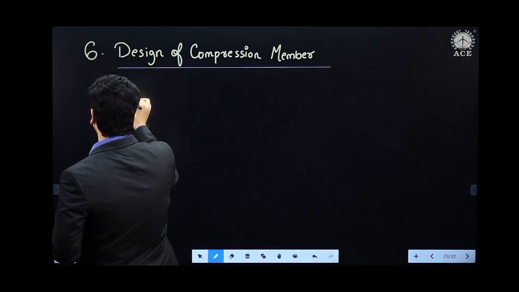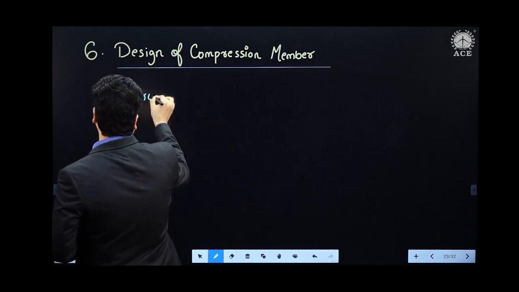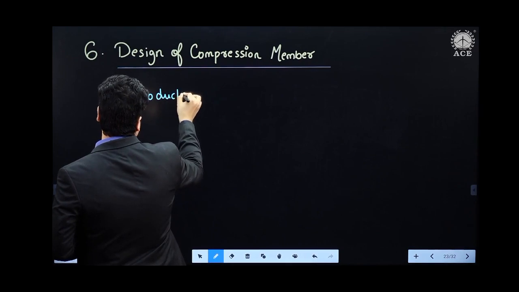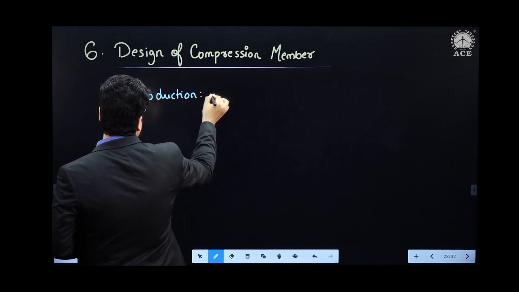Introduction. So what is a compression member?